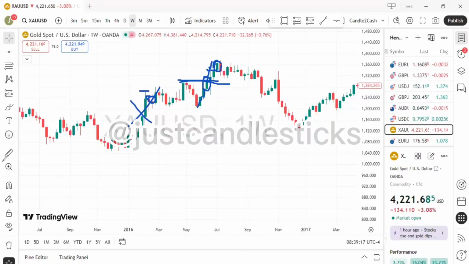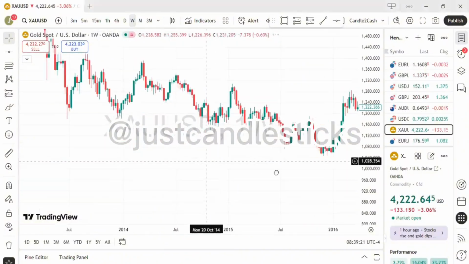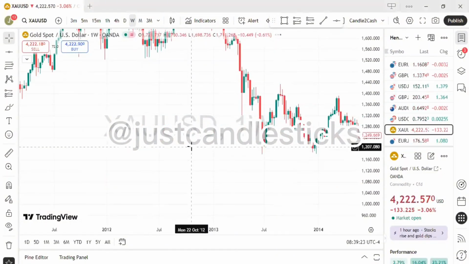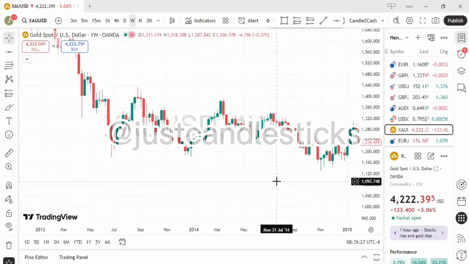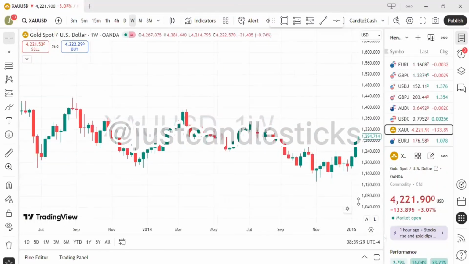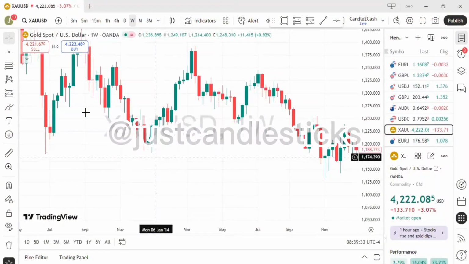Now, let's look at examples for hammer candlestick. Now, look at this market. From here, the market is going. Look at the hammer candlestick.